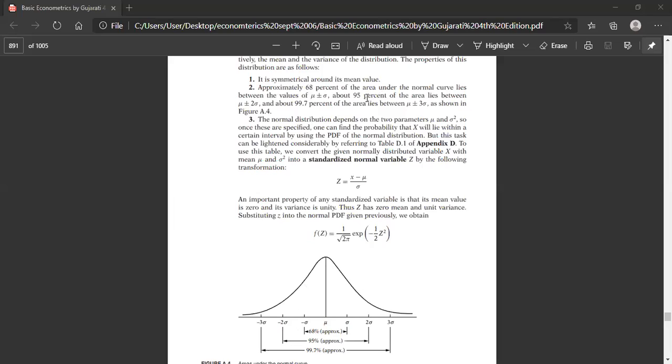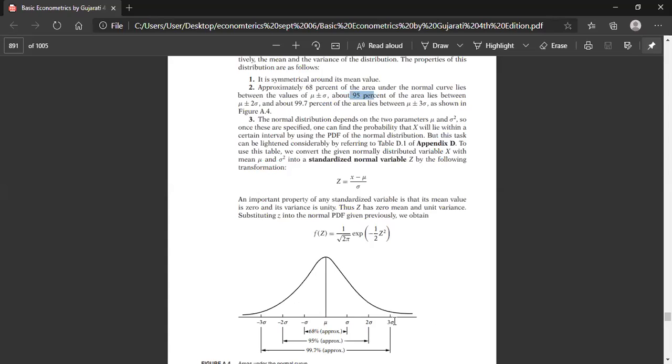95% of the values. So this area here, from here to there, actually 95% of the values are there. And if you take 3 standard deviations, almost everything is there, 99.7%. And in the tails, left tails or right tails, very, very few values.